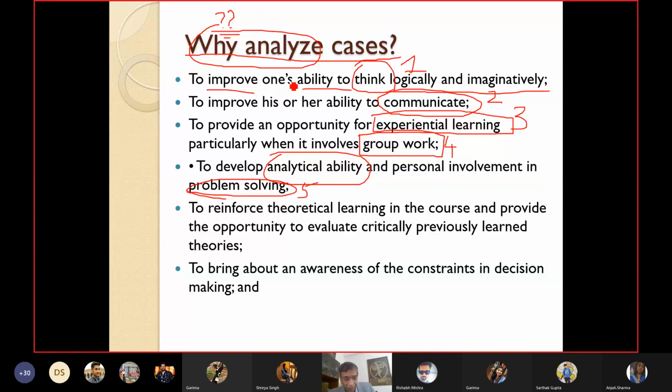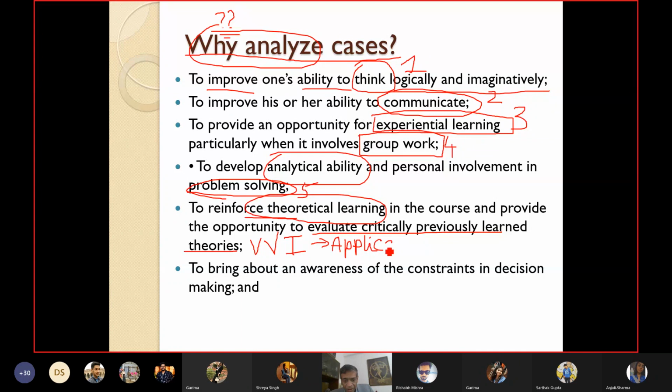And very, very important, I'm writing it down here, ladies and gentlemen, in your entire MBA program for 2 years, is this point number 6. Your theoretical learnings, you apply this in real life situations. So this is what I call, why you do a case is to apply learnings.